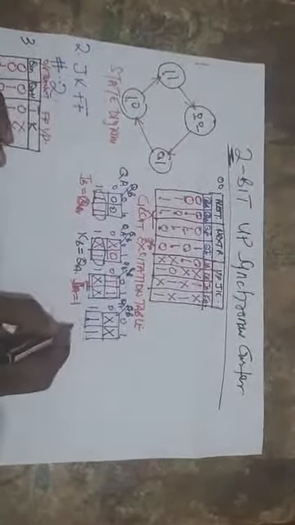Okay, so we can group it, it's 4. That's our grouping, and we can say that our KA is also equal to 1.